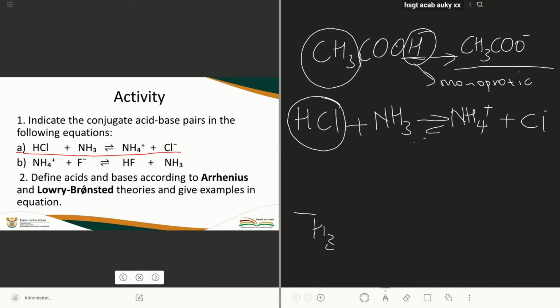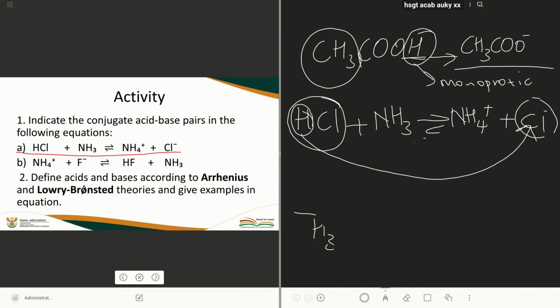Unlike other acids, like water, that sometimes change because of the nature of whatever they are reacting with. Now, hydrochloric acid will donate a proton, and immediately when it donates a proton, it becomes Cl minus, meaning that Cl minus, which is chloride ion, and hydrochloric acid are an acid-base pair.